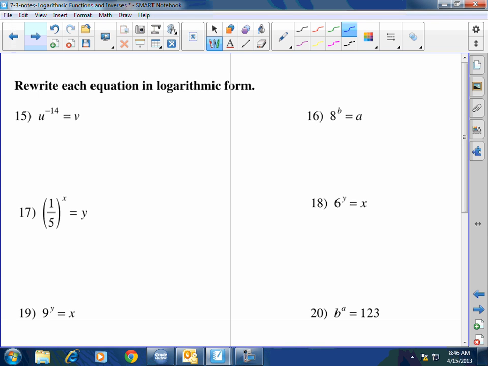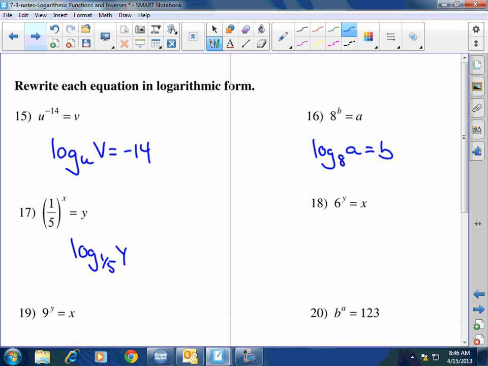What do we got here? Log base u of the answer v equals negative 14. Awesome. Next, 16. Log base 8 of the answer equals the exponent b. Next. Log base 1/5 of answer y equals exponent x.